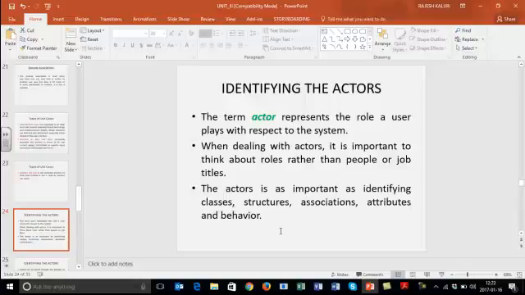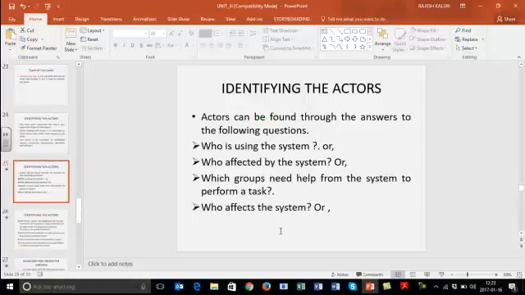Now there are a few questions which can be answered very easily for identifying the actors. The first one is, actors can be found through the answers to the following questions: who is using the system, if it is existing, and who is affected by the system?